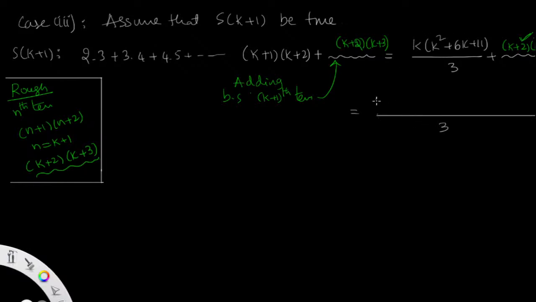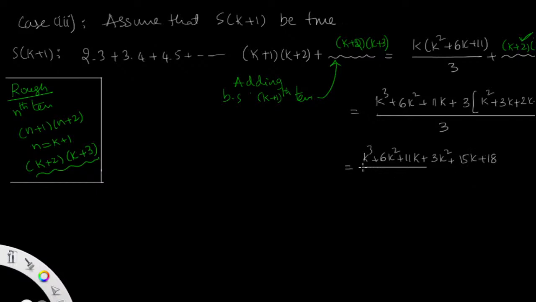Now simplify: k cube plus 6k square plus 11k, plus 3 into k into k, that is 3k square, plus k into 3, that is 3k. Now multiply the general term: k plus 2 into k plus 3. Simplify again: k cube plus 6k square plus 11k plus 3k square plus 15k plus 18 divided by 3.